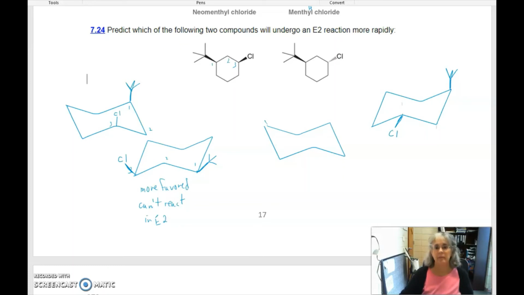But this is not a very favored position, because we have this really large group in an axial position. It would rather be equatorial. So let's draw an equatorial here. This is the more favored position.